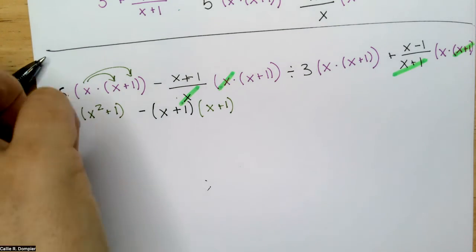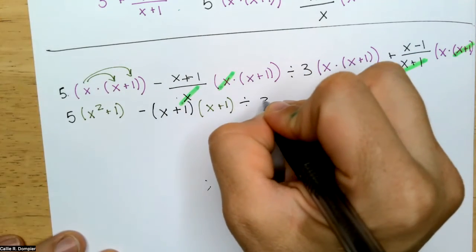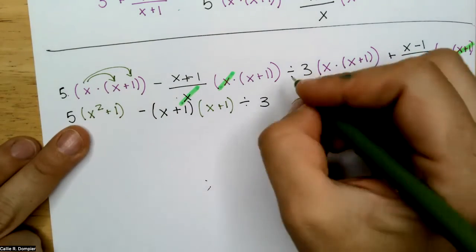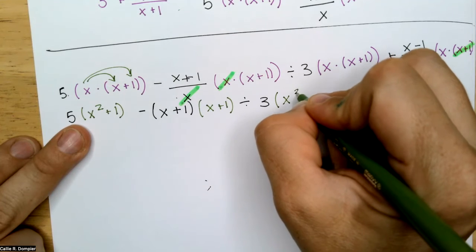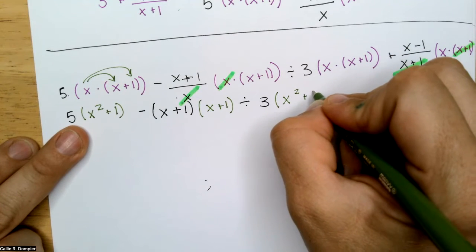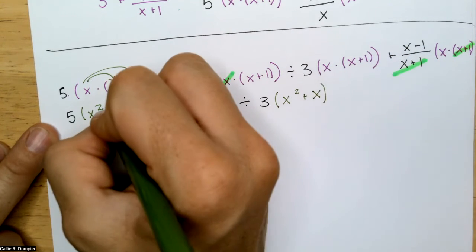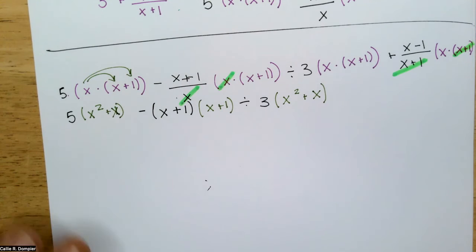Good. Divided by 3 times, same as this one, right? X times x is x squared, x times positive 1 is x. Goodness gracious. Another mistake. Small one though that I caught immediately.